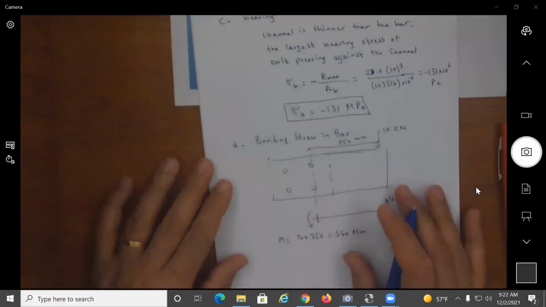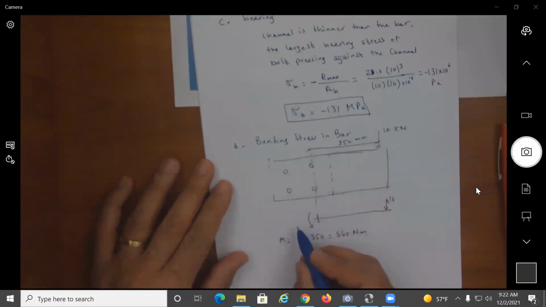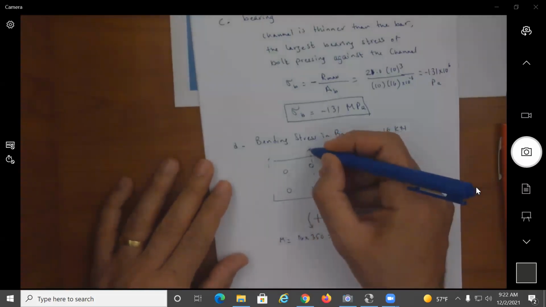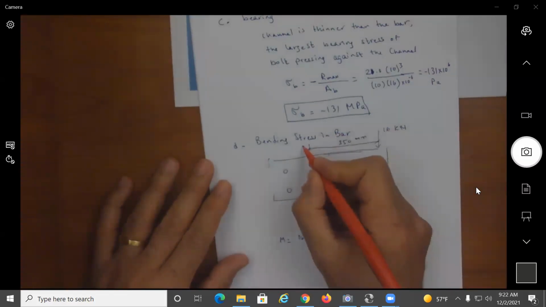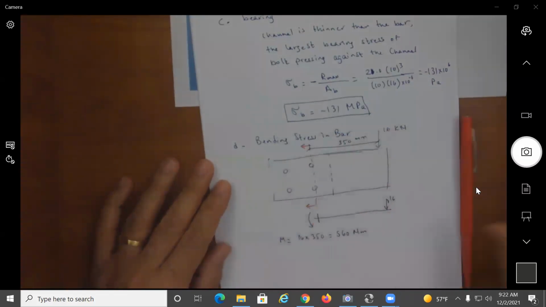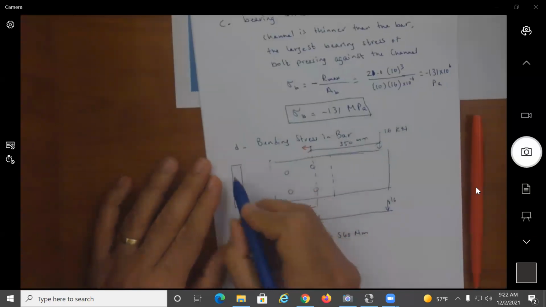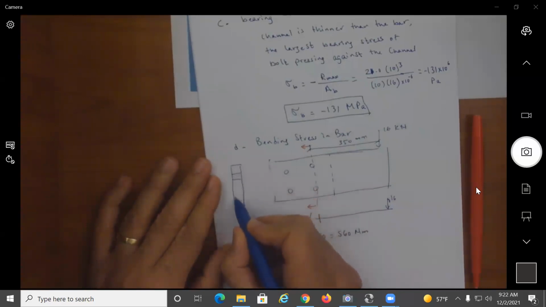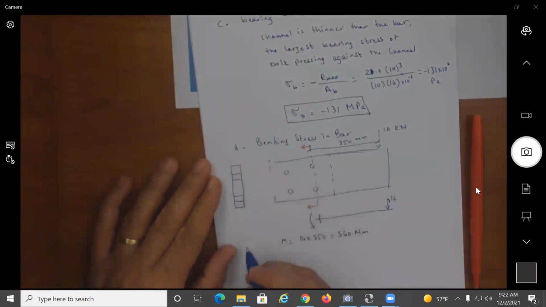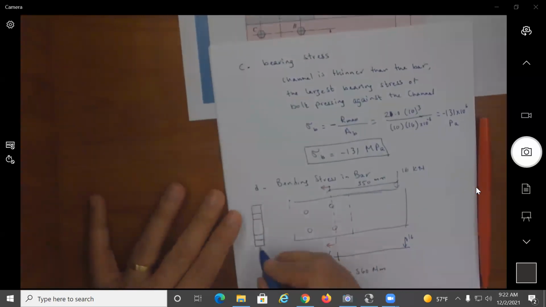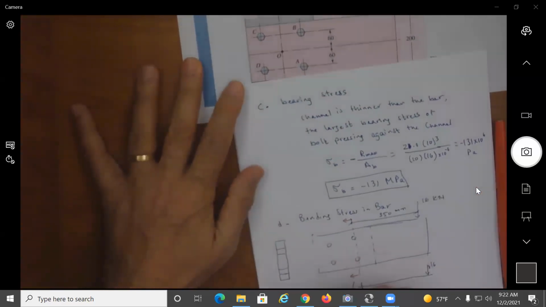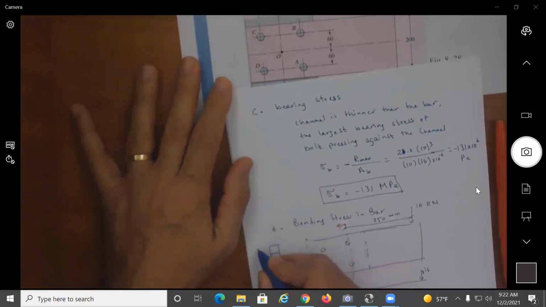Now, it is also important to understand what this critical section looks like. So when I am cutting here through that section, this is what I see. The thickness is 15. And this is 200.